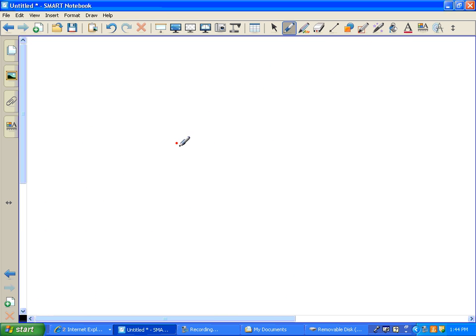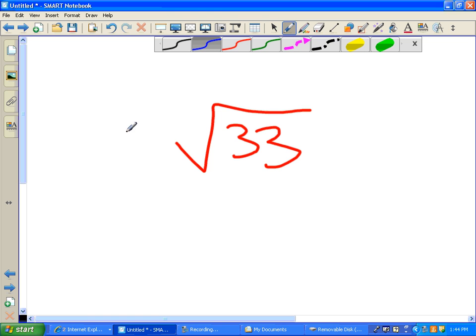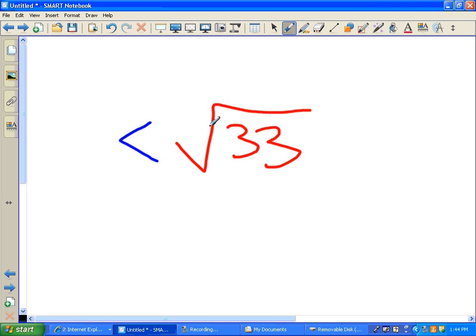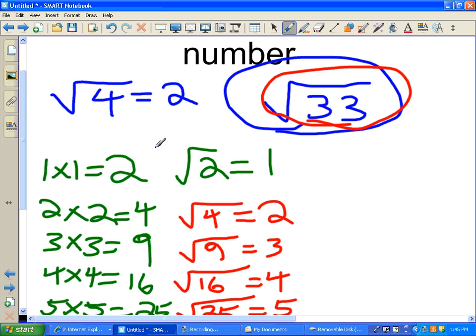Well, let's put the root of 33 right here. So what we want to do is look at two things. We want to see what number might come before root 33 and what number might come after root 33. So we're putting this less than and greater than sign on each side of it. So let's go back here and see.